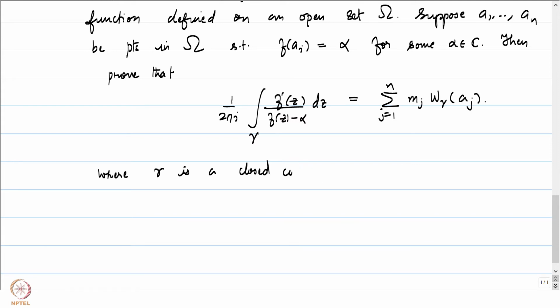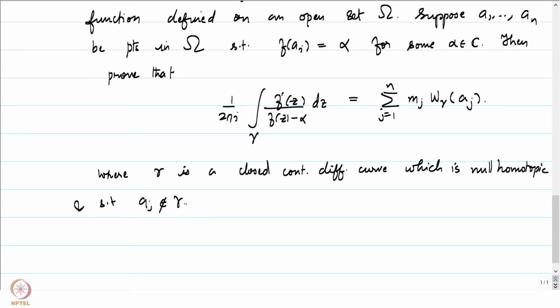Closed continuously differentiable curve which is null homotopic and such that aj does not belong to gamma. It's not on the image of gamma, because then we will not be able to talk about this, right?